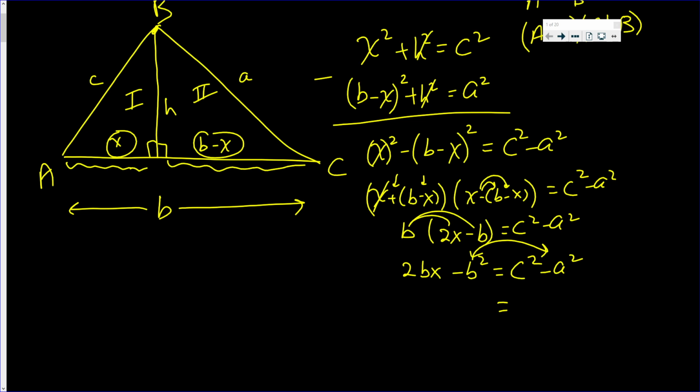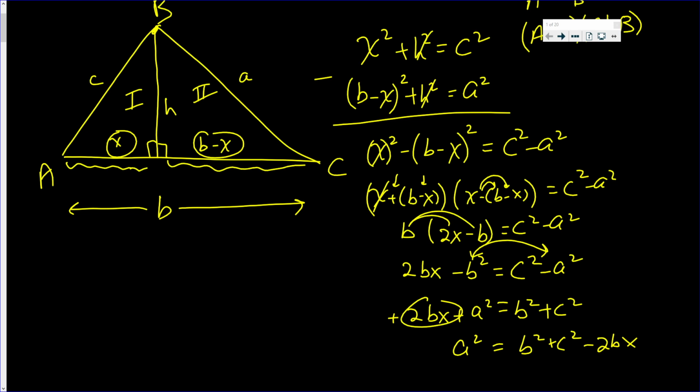I want all the a squared, b squared, and c squared to be positive. So we have 2bx plus a squared is equal to b squared plus c squared. And then I just want to have a squared on the left side. That is, this term, which is understood to be positive, I bring to the other side.